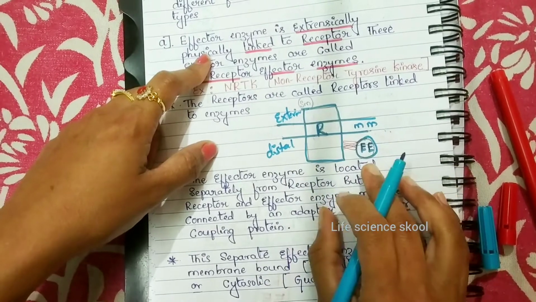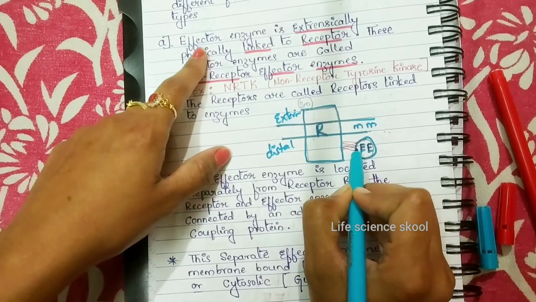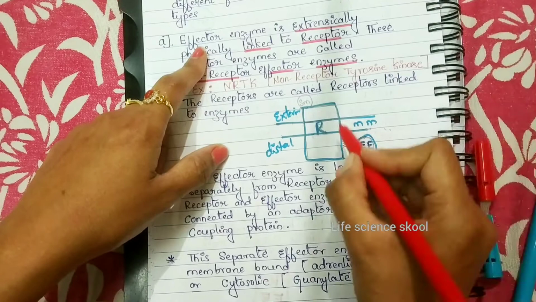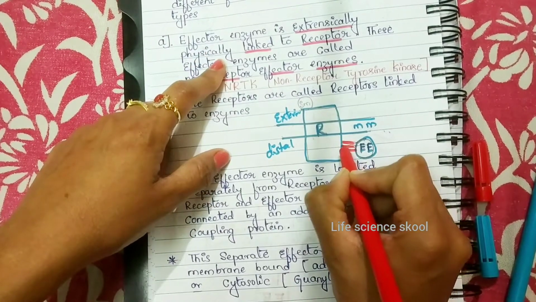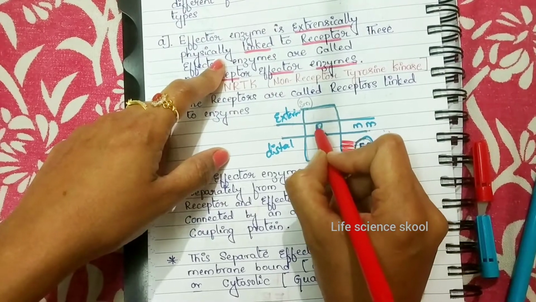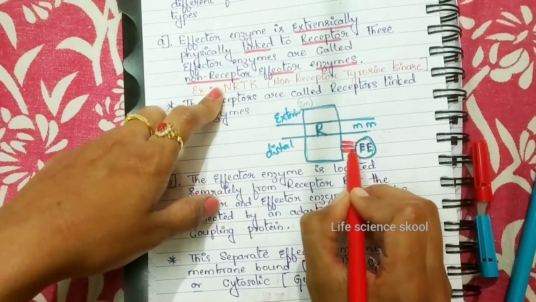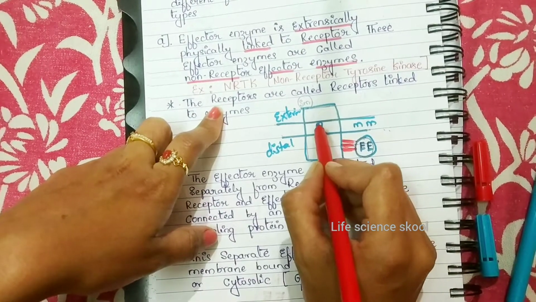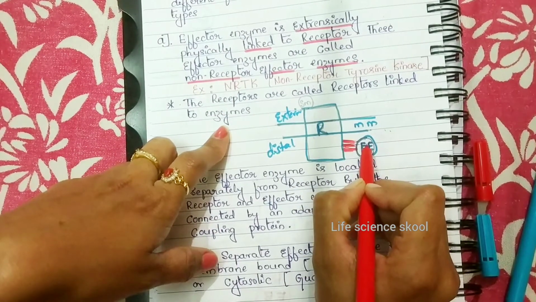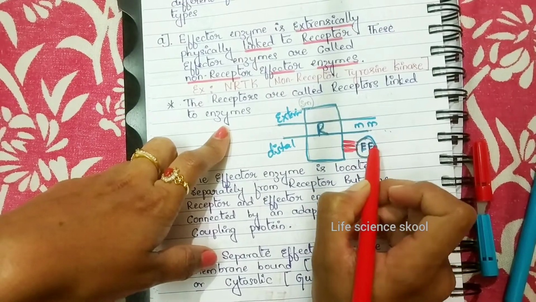This side will become the cytosolic region. The effector enzyme is extrinsically outside, and physically linked here to the receptor. These are called non-receptor effector enzymes, and this receptor is called a receptor linked to an enzyme. See, it is very easy now.